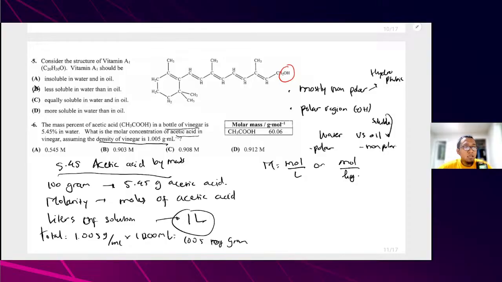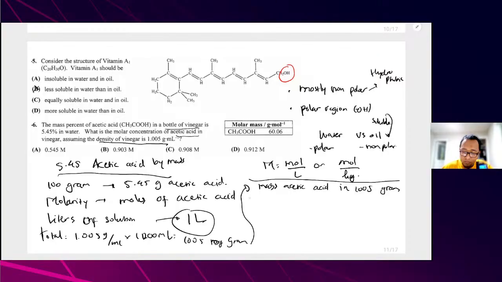Now we need to take a look at the mass of acetic acid. We need to find out the mass of acetic acid in 105 gram. How to do that?